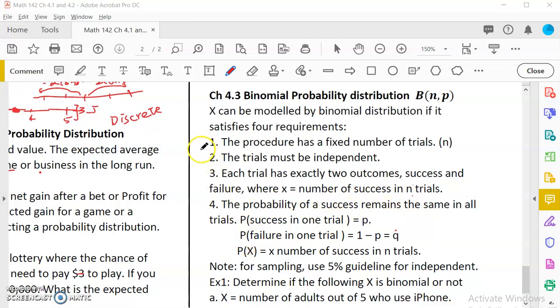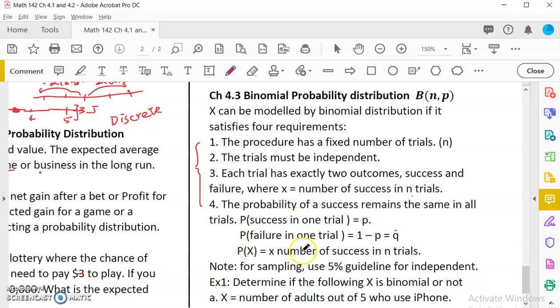So these are the four requirements. If X satisfies these four requirements, the P of X can be calculated by a common formula or by a common calculator function. There are a lot of binomial calculators that can find the probability of that particular situation.